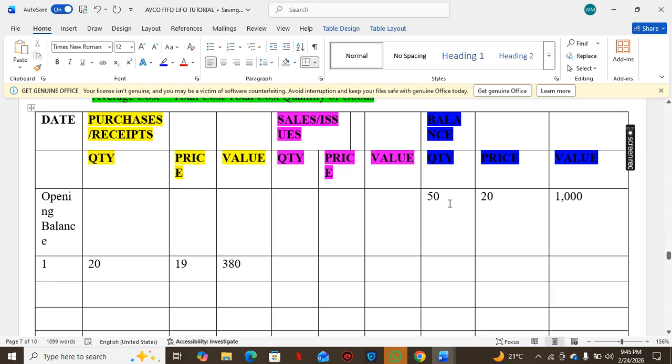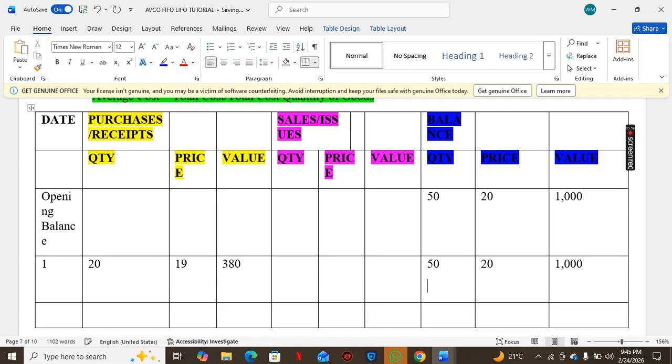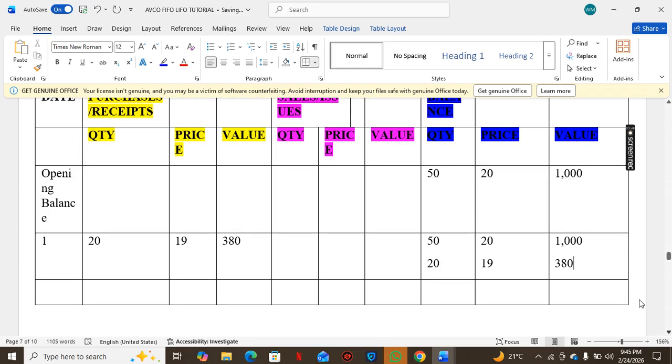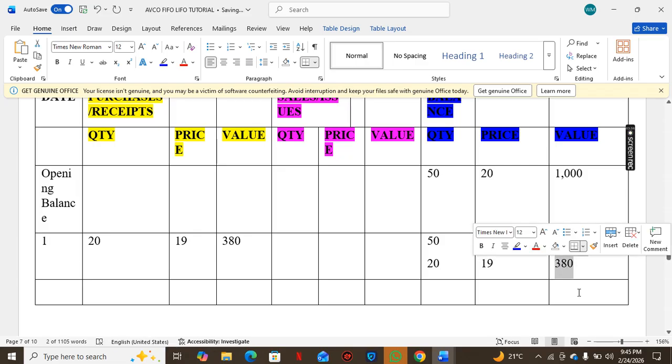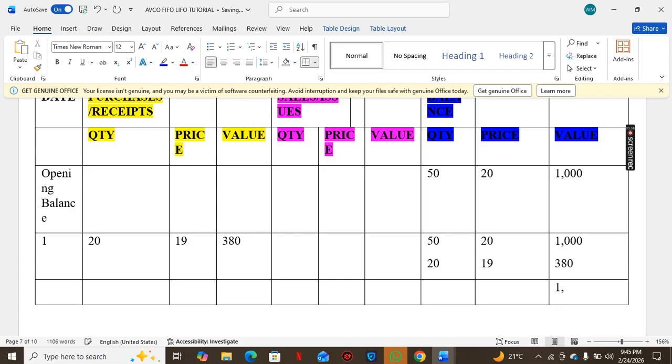So we come here now to our balance section. Remember, we had 50 units valued at 20 kwacha each, 1000. Now we brought in 20 units valued at 19 kwacha each, which is 380. Let's get the total cost of the goods: 1000 plus 380, 1380.